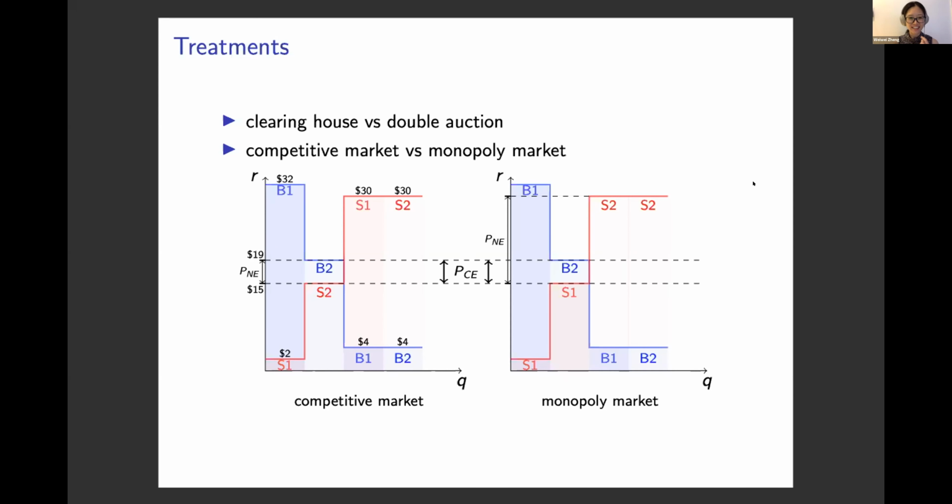Yeah, that would be nice. We had a graph of individual bids and asks, and it's very much like what we normally observe in double auction, that people keep bargaining and the bids and asks move towards each other over time. And that's the same in the clearinghouse mechanism as well. But thank you for that suggestion.